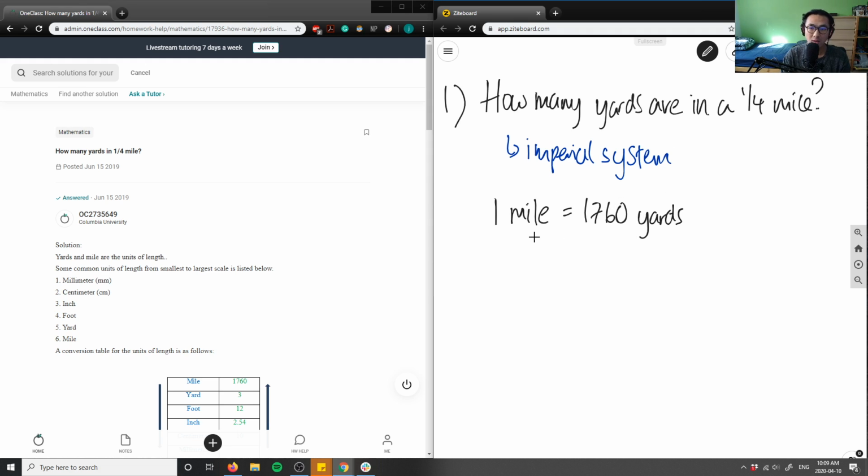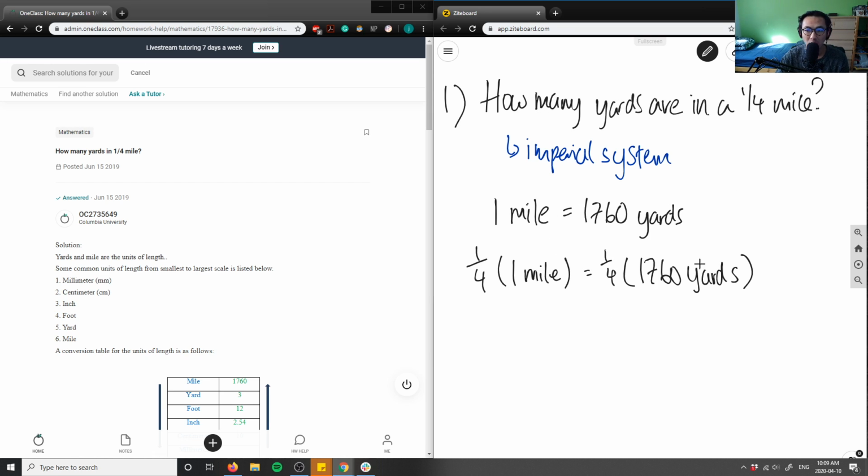So if 1 mile equals 1,760 yards, then I can say 1/4 times 1 mile would equal 1/4 times 1,760 yards, right? That's how you would do this problem in a pre-algebra or grade 8 measurement course. So it's asking how many yards are in a 1/4 mile.